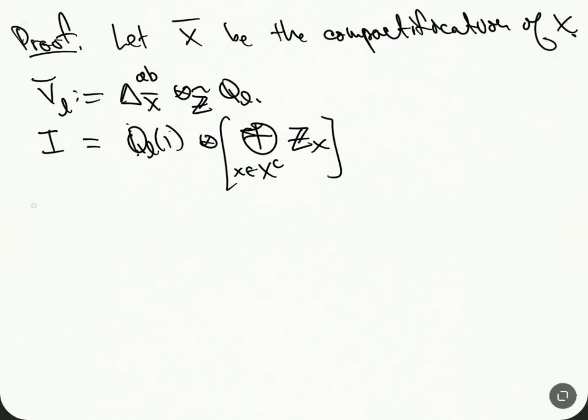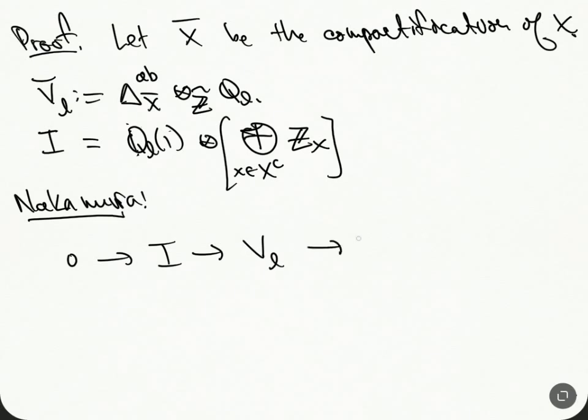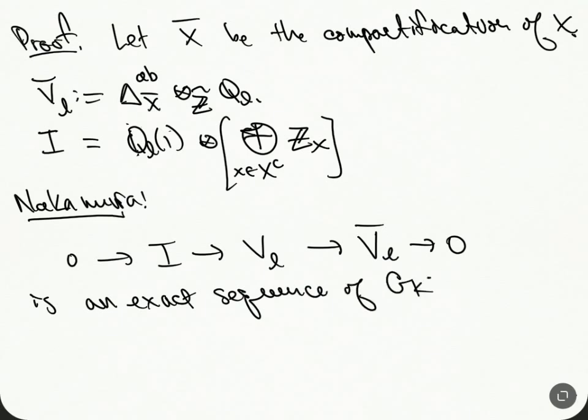Okay, so Nakamura's lemma says the following, that we have an exact sequence of G_K modules. All right. So now what we're going to do is use the theory of weights to do this.